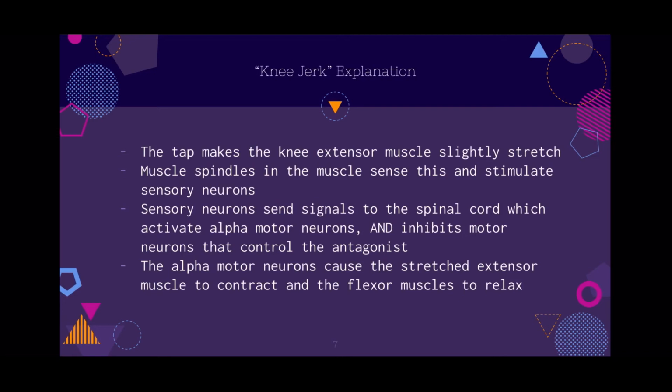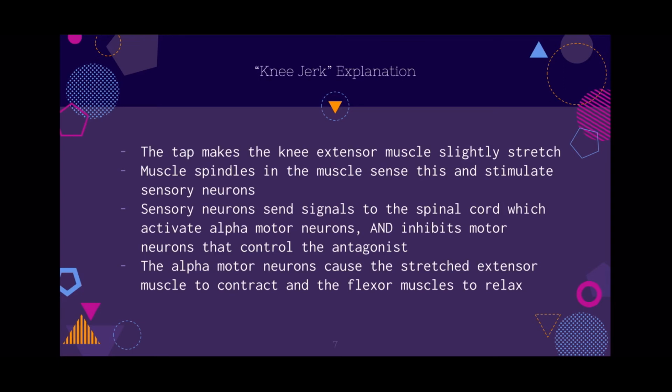The sensory neurons then send signals to the spinal cord, which activate alpha motor neurons and inhibit motor neurons that control the antagonist. The inhibiting and activation is done by connecting neurons in the spinal cord. Then the alpha motor neurons cause the stretched extensor muscle to contract and the flexor muscles to relax.